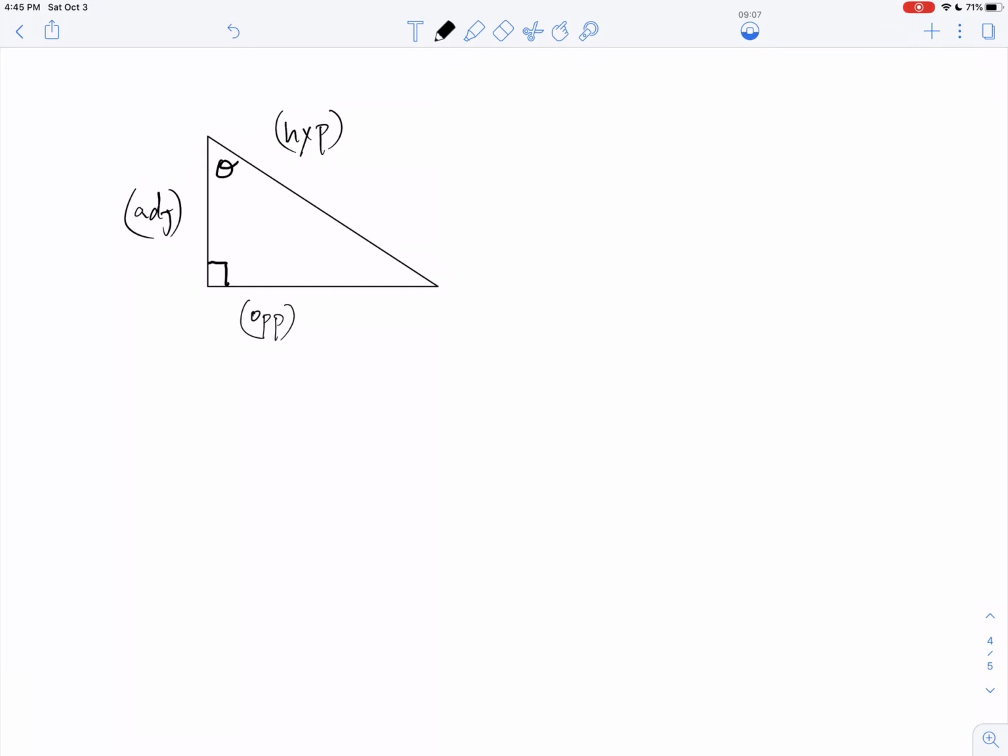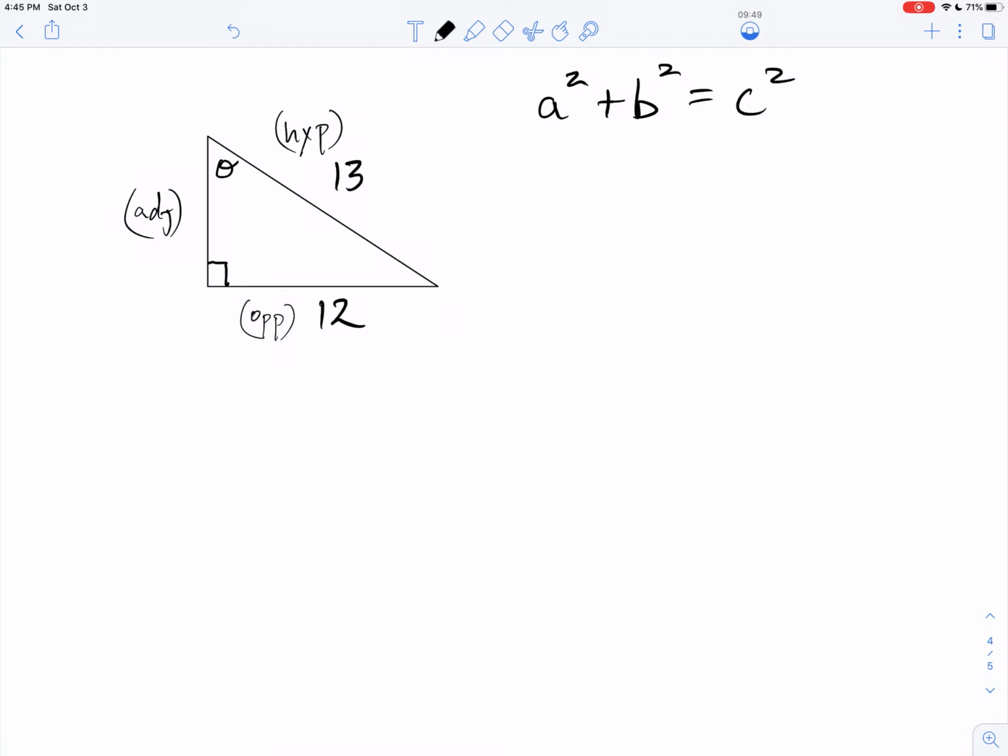But we still can't do anything unless they give us some values to play with. So the very first one I did was extremely straightforward, no weird numbers. For this one, I'm going to use no weird numbers. So let's begin. I'm going to put a 13 here, and I'm going to put a 12 here. You're going to say, well, they didn't give me the adjacent side this time. So remember, in Pythagorean theorem, a squared plus b squared equals c squared, the letter c always represents the hypotenuse.